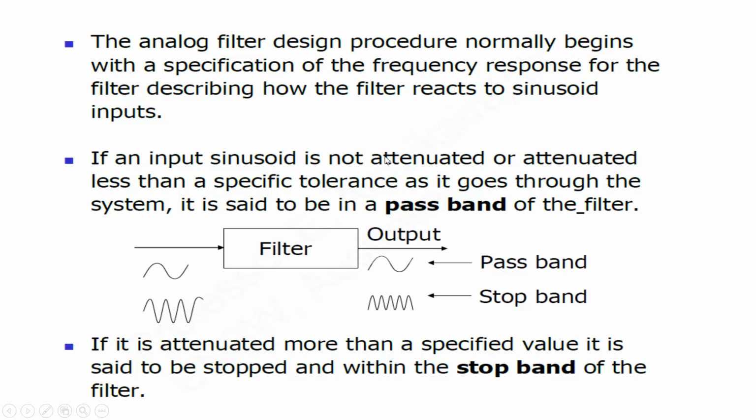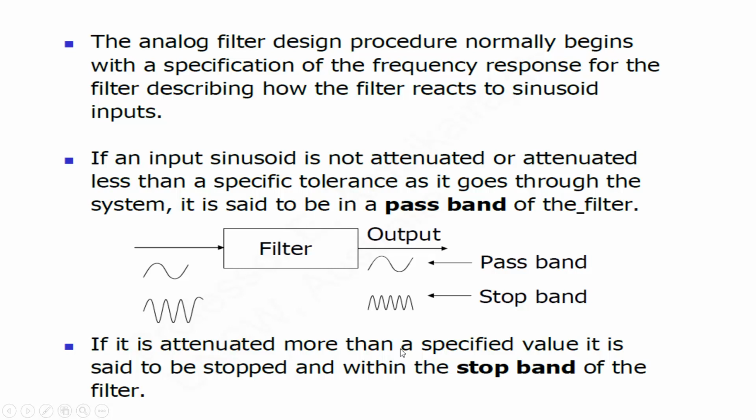If the input sinusoid is not attenuated, or is attenuated less than a specific tolerance as it goes through the system, it is said to be in the pass band of the filter. That we call the pass band.